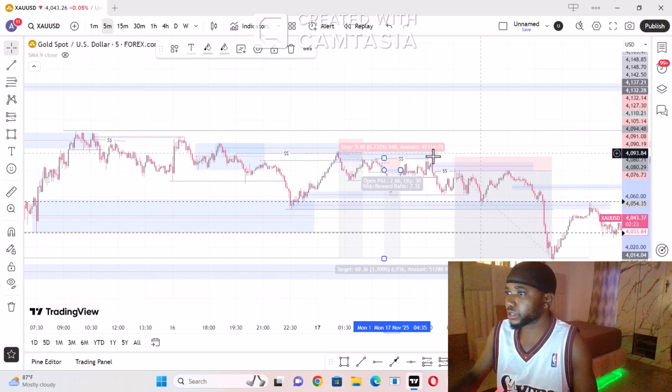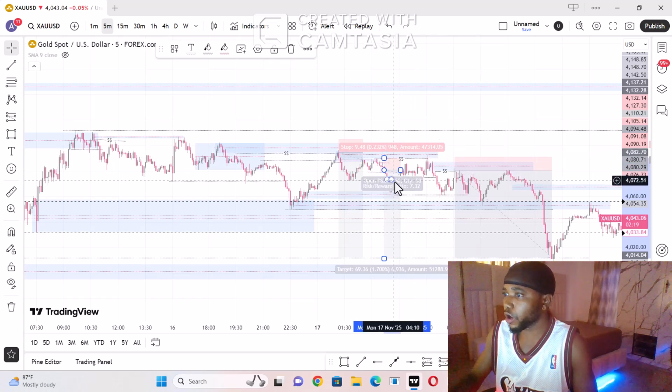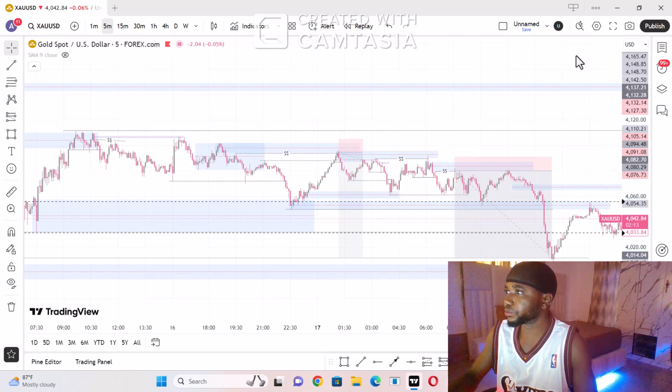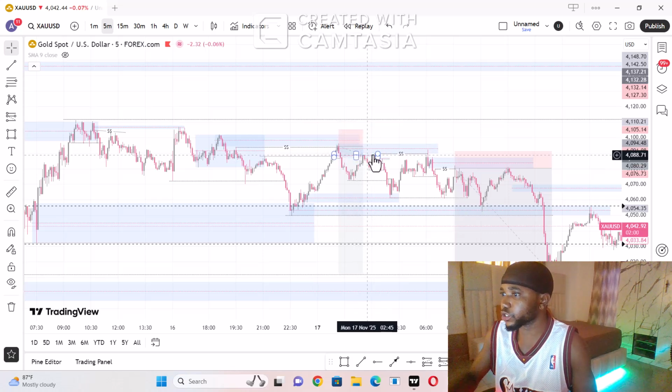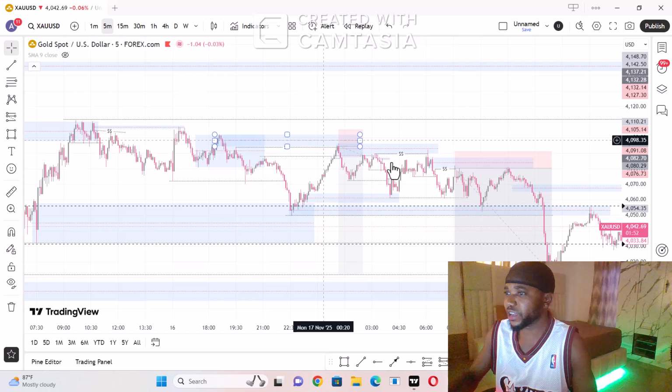What I noticed later was that the market went all the way up to sweep this remaining liquidity. Let me show you. There's liquidity right here, and here. There's another block. We made use of this fair value gap and the market took it out. These are like half retracements to this other block. The market went all the way back up to sweep that liquidity and mitigate that 5 minutes order block.